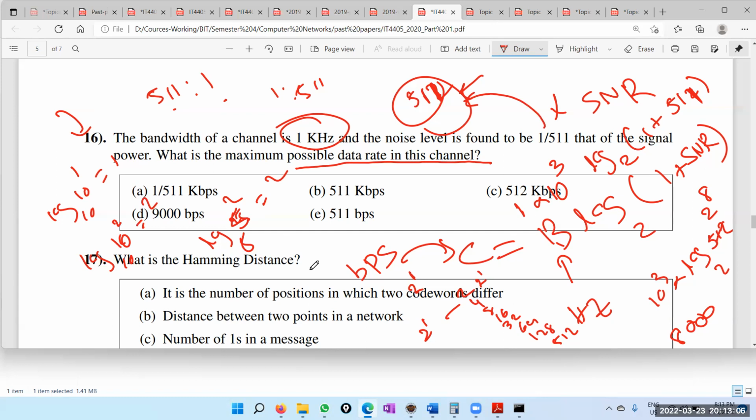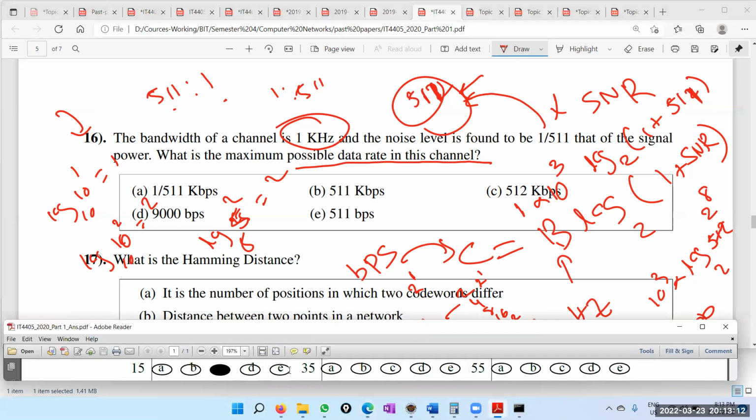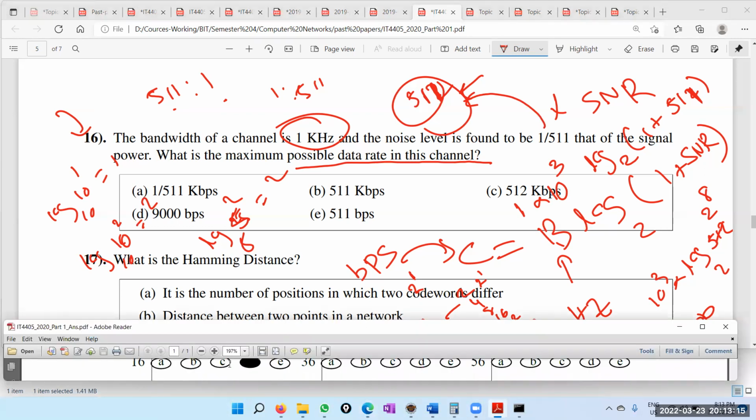What is the answer? I think they have given it as 9,000. Let's double check the answer. Yes, they have taken it as 9,000. But according to the formula, it must be 8,000, not 9,000. 511 plus 1 is 512.